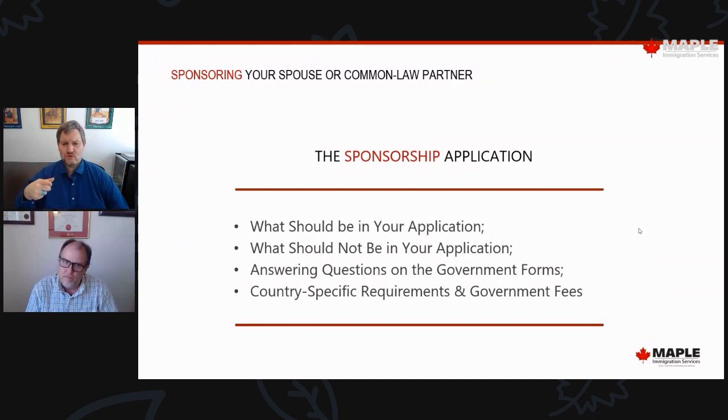The other thing that should be in your application, and take what I'm about to say with a grain of salt: a lot of times people will have excerpts of conversations, and they'll say it's limited to X number of pages. I'm going to put in whatever I want because I want to show a snapshot of that relationship. They're trying to streamline things, but I don't take that risk with my clients.